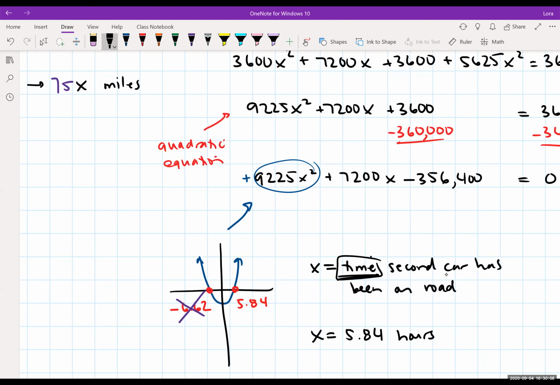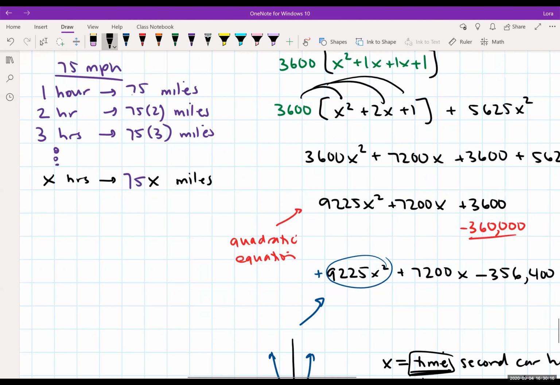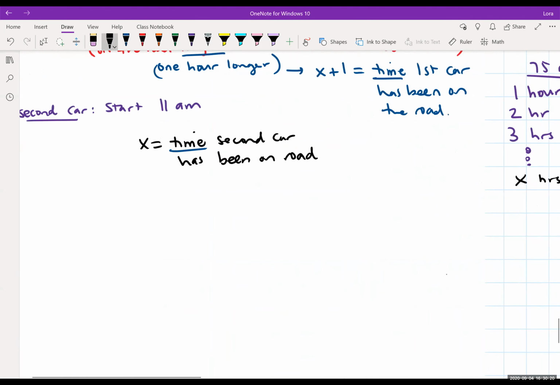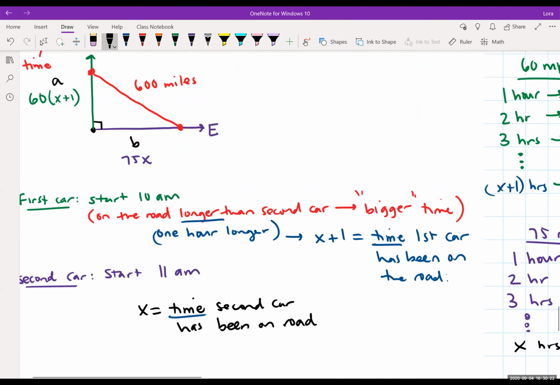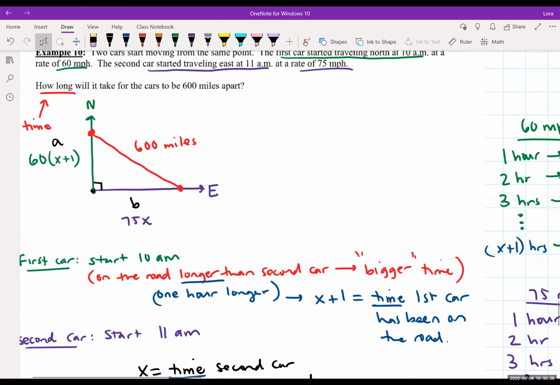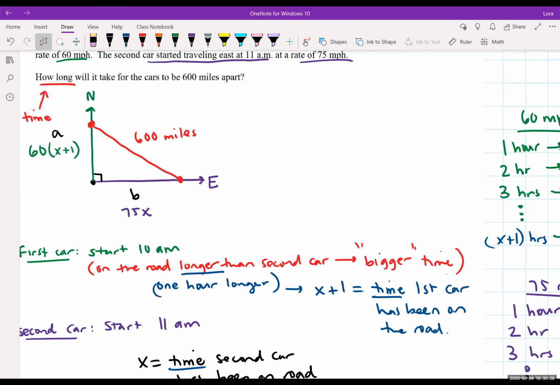So we just want to make sure what we're trying to understand. X is the time the second car has been on the road. So if you're trying to answer this question, when they say how long will it take for the cars to be 600 miles apart, we would choose that X value.